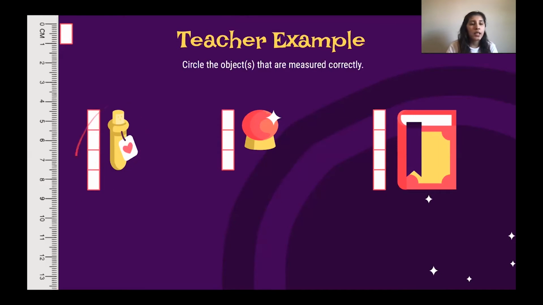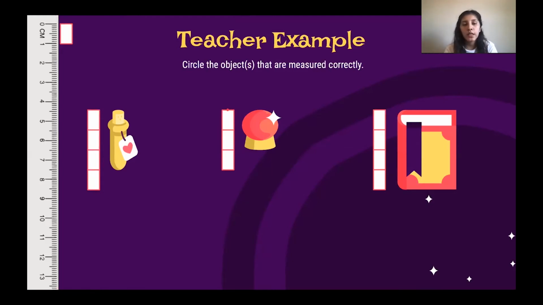So this is saying that the love potion is 4 centimeters. Is it correct? No, because we can see that the love potion actually ends right here. So that one is not correct. That one, no.